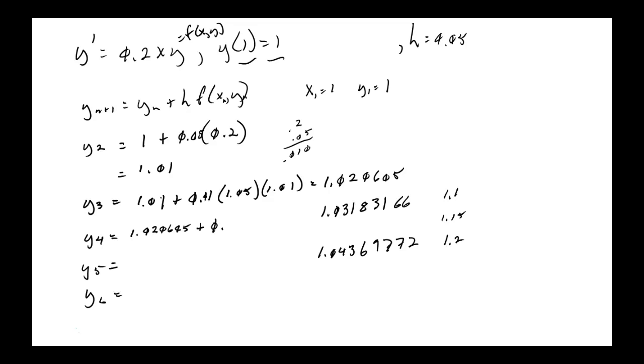Next one would be that plus 0.01 times 1.2 times this number here, 1.04369772, equal 1.0562, which is 1.05622209.